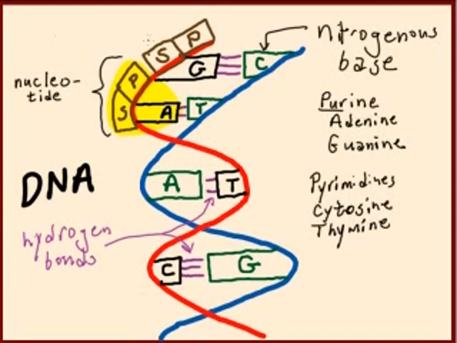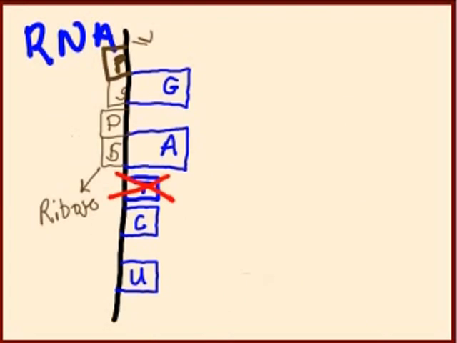The sugar in DNA is called deoxyribose. And that's why the nucleic acid is called deoxyribonucleic acid. So that's it for DNA, and this is it for RNA.